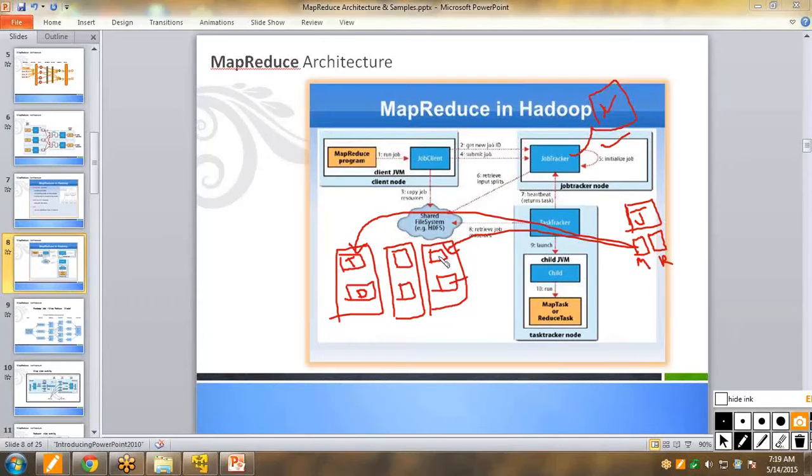Let us say I have a file with three lines, and in each line I have a few words like this. I have a doubt: how many words are there, and what is the count of each word? You can tell it by looking, but programmatically, how can you achieve it?